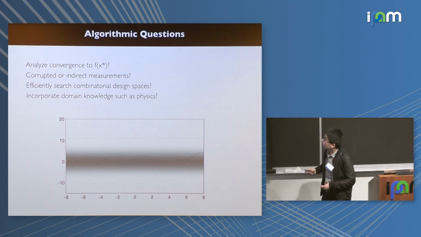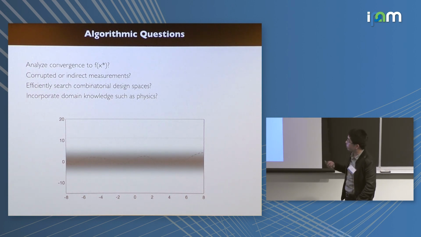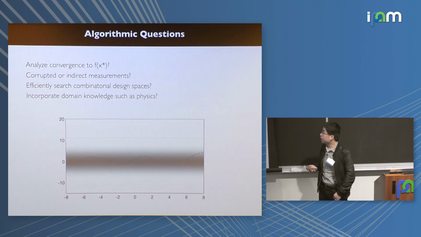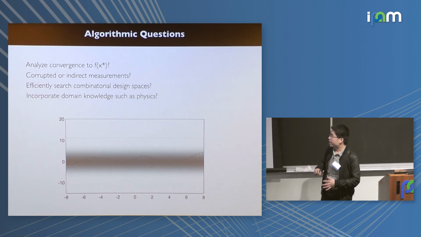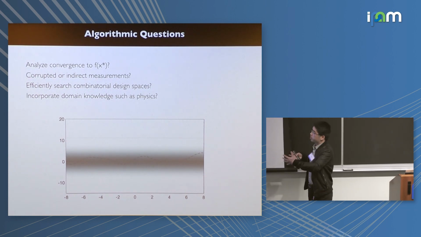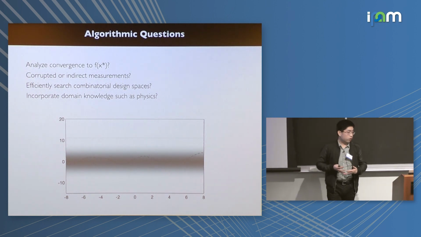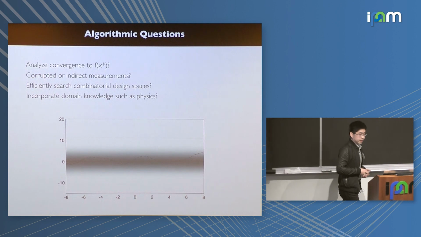Another interesting question in the physical sciences is how we can incorporate domain knowledge into the Gaussian process model, not just as a prior, but as an informed way of guiding us towards the most informative examples.